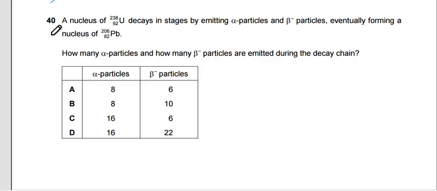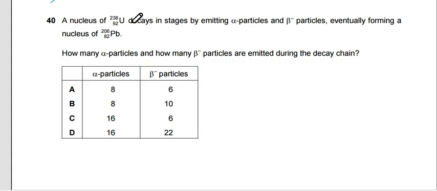A nucleus of uranium 238 decays in stages by emitting alphas and betas, beta negative, eventually forming lead 206. How many alphas and betas are emitted? So we know that for beta there is no change in mass number.